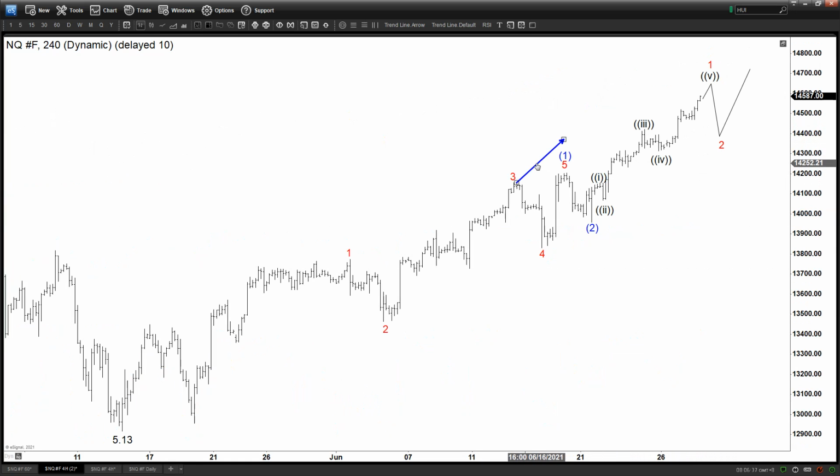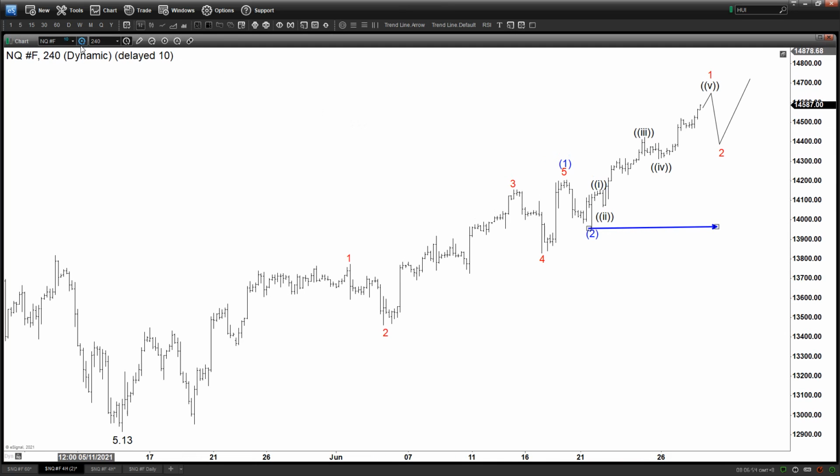So that's why we don't call this a wave 5, but rather we are calling this bullish. So this is your connector here, and now basically we are bullish against this June 21st pullback.